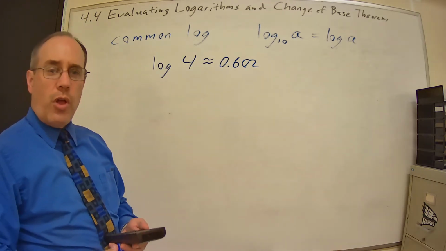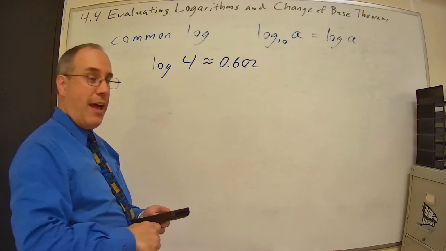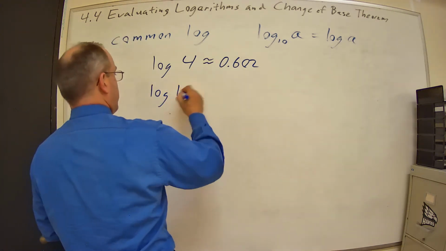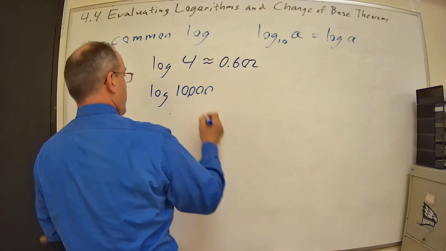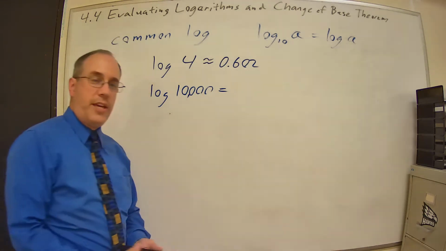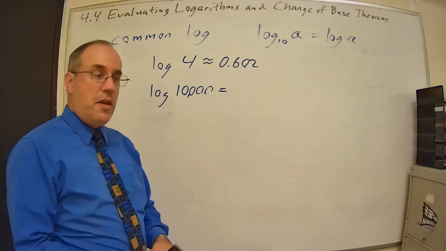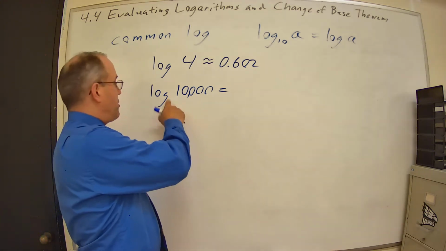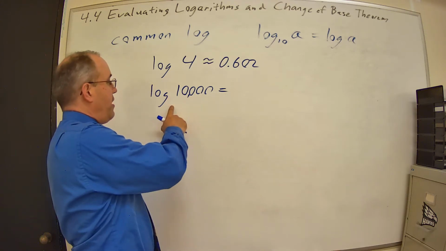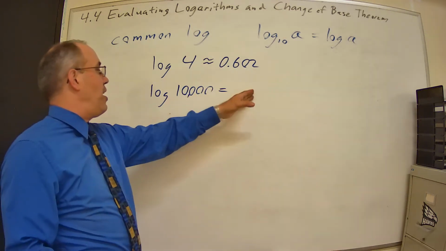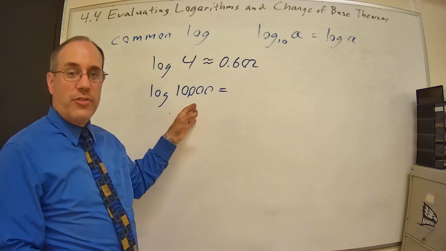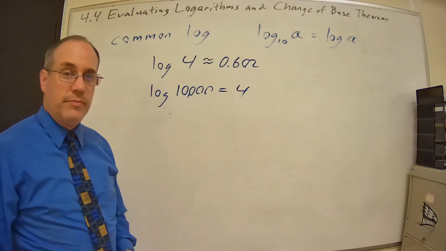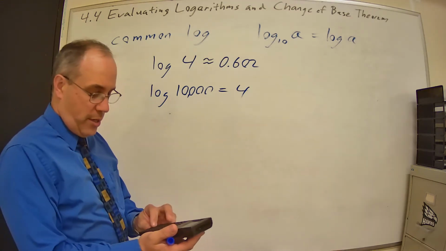Well, what about log of 10,000, or the common log of 10,000? Now this one, we probably don't even need to plug into the calculator, because if this is log base 10, then 10 to the what gives us 10,000? Without even plugging into your calculator, you can say that's going to be 4. But just to make sure, we'll plug it in there.